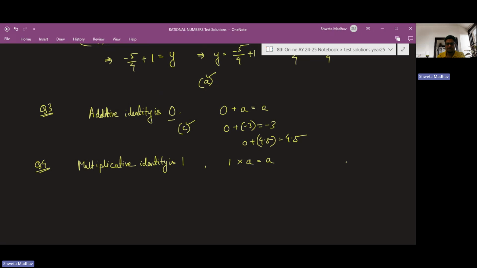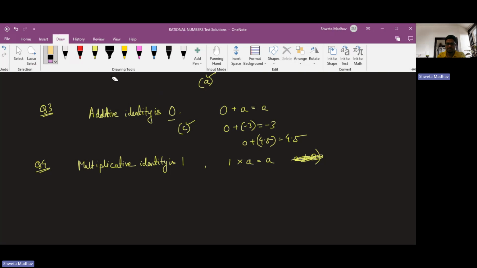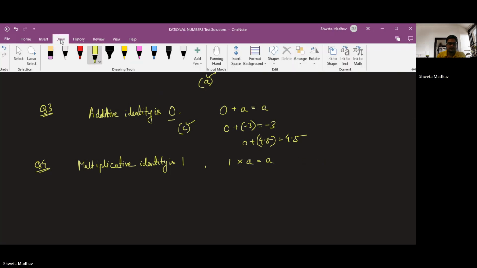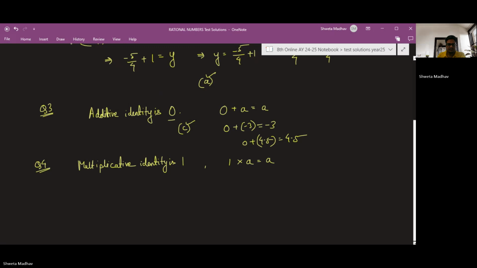This is also applicable for 0. So hence the multiplicative identity for any rational number is 1. So option A is the correct answer.